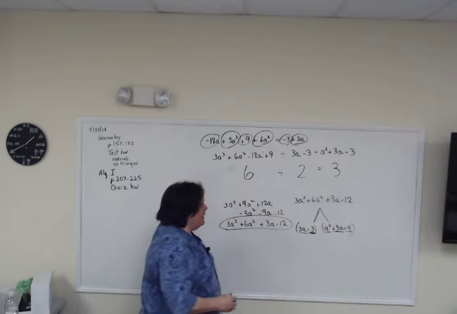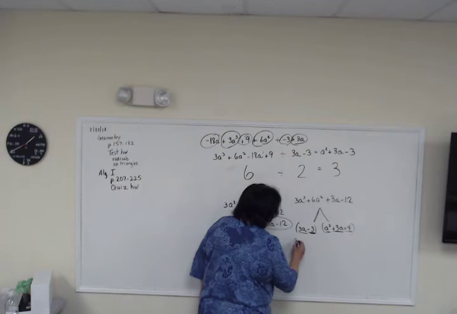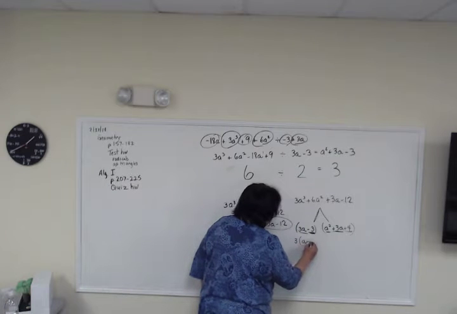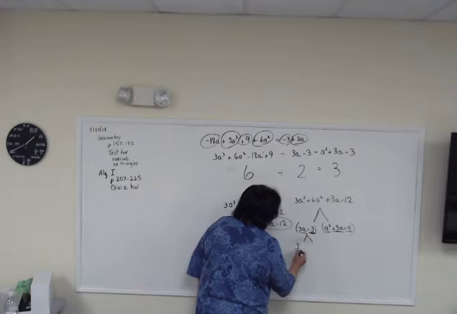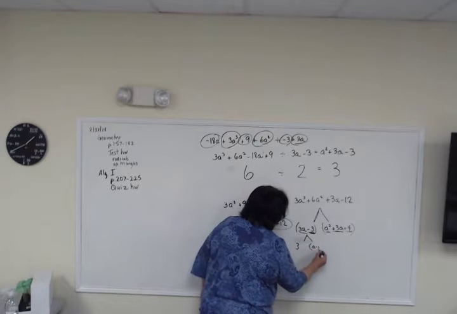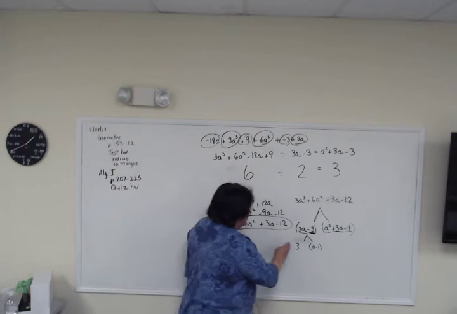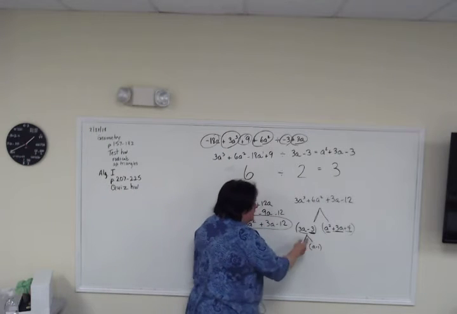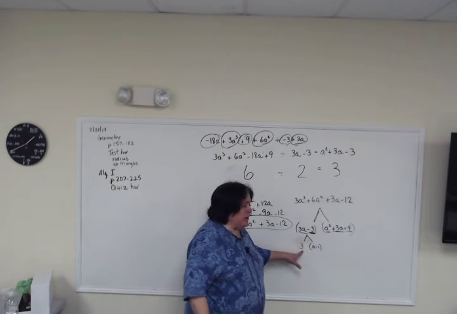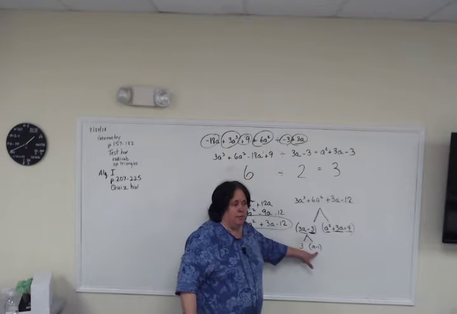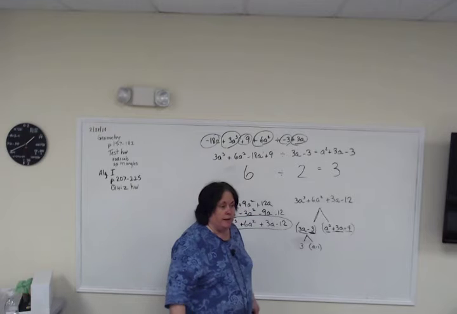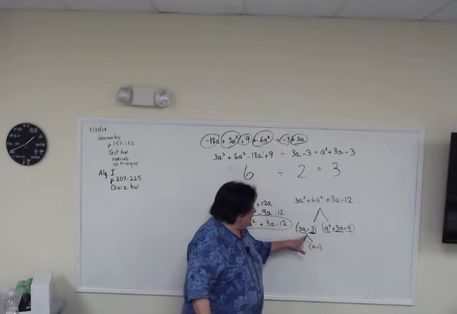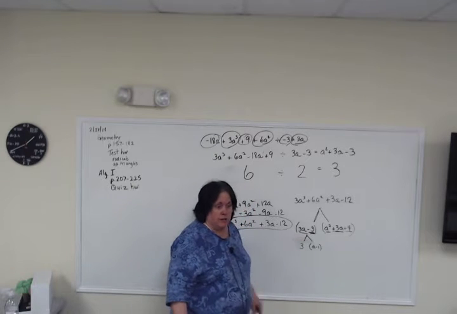Now, this we can factor a 3 out of, can't we? So this can be broken down to 3 and a minus 1. Does that make sense? So these are now prime because this can't be broken down anymore and this can't be broken down anymore. There's nothing times something else that will equal a minus 1. But 3 times a minus 1 equals 3a minus 3, doesn't it?